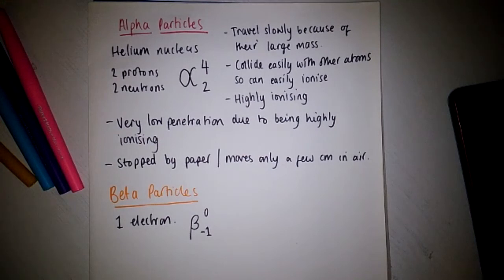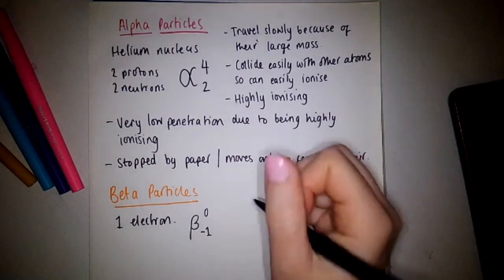And again, don't stress, don't panic, just take it on board, and we'll do that in a couple of lessons' time. So beta particles then, they are basically an electron. So they're really, really small, and they move a lot quicker, so they're less ionizing than alpha particles.